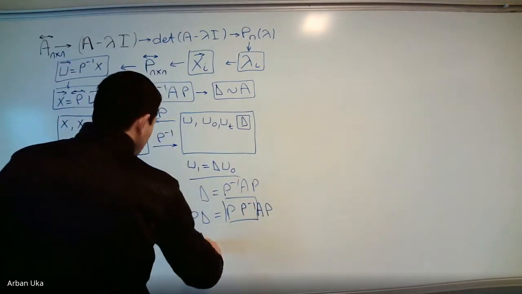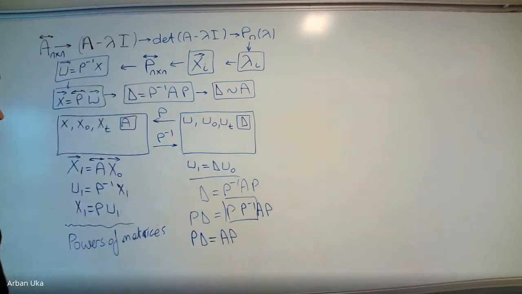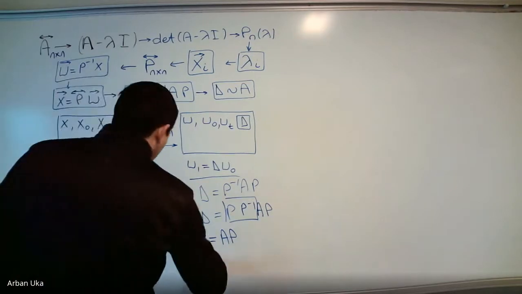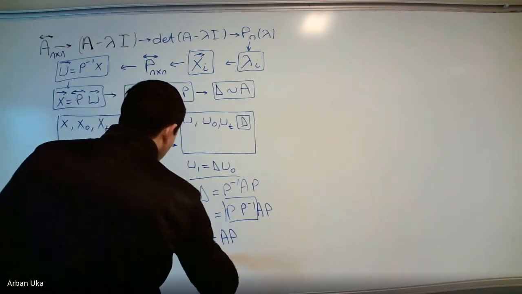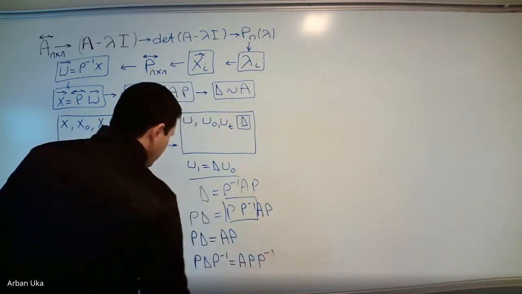So we get that P D is equal to A P. And then we can multiply from the right side and obtain P D P inverse equal to A P P inverse, okay?